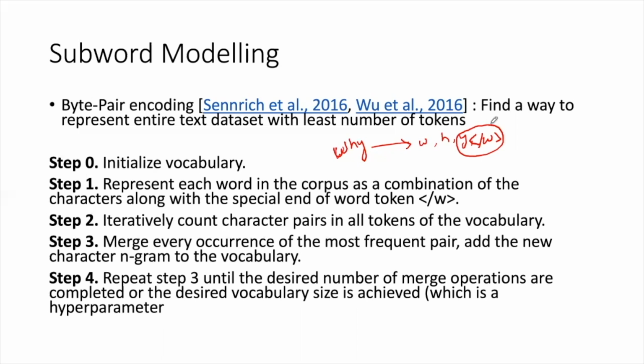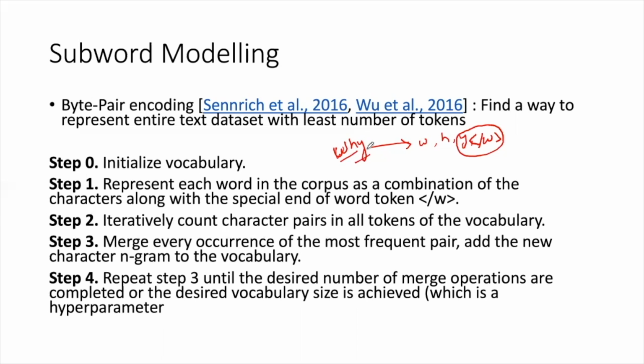Once we do this, we count the number of character pairs that have come in. So let's say here w, h, y is one word, and there are different pairs here. So "wh" can be treated as one pair and "hy" can be treated as another pair.